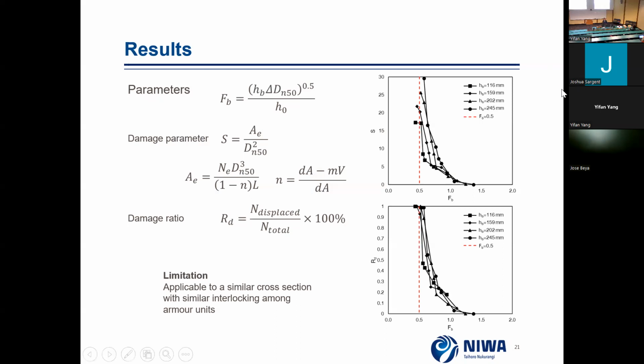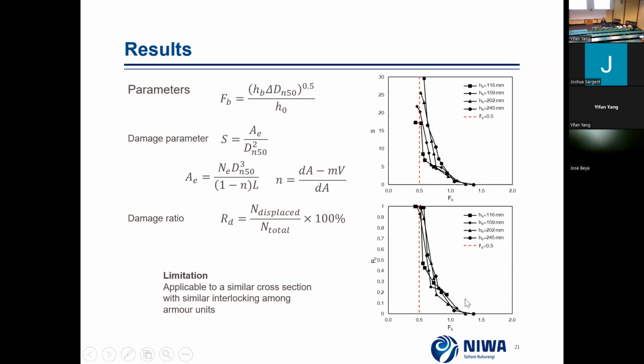So you can see when FB is 0.5 or smaller, total destruction occurs. And if FB is larger than 1.0, the damage is very small. You can see S is less than 3, and the displaced number or displaced percentage of the armor units is less than 10%.